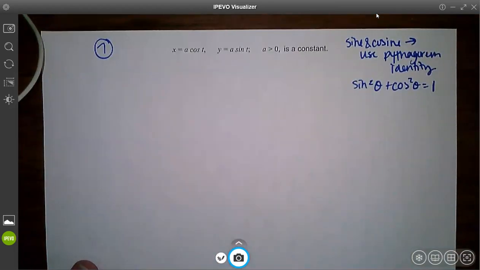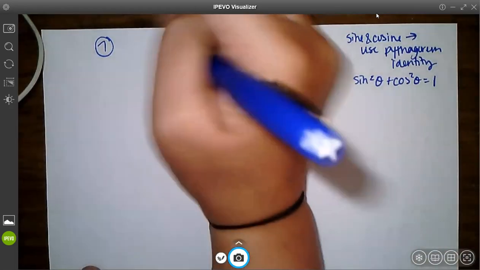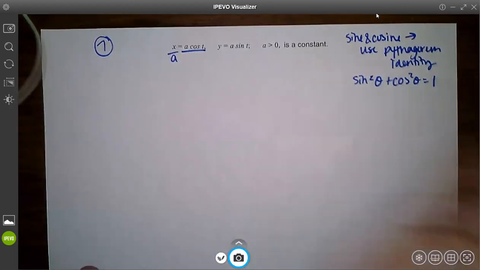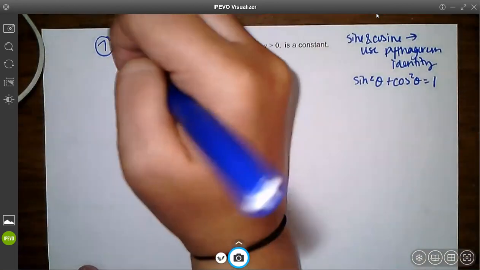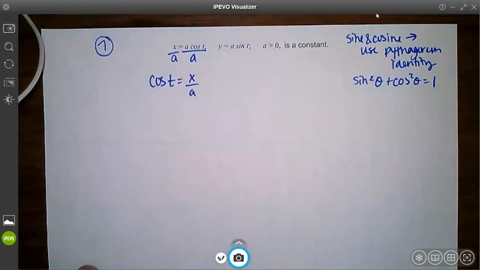So I want to get this into that format. I'm going to divide both sides by a first because I just want it to say sine and cosine. I'm just going to start with the first one. So I have the cosine of t equals x over a.